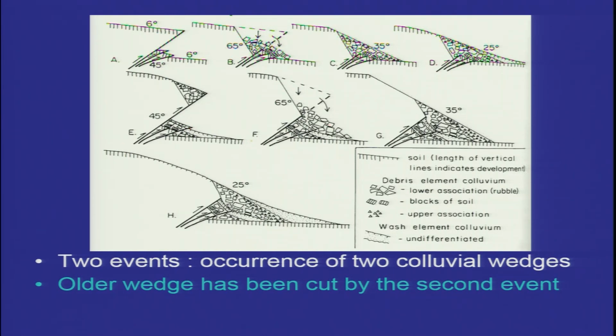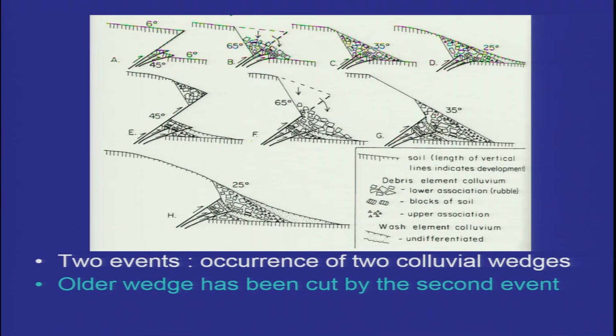And then again there will be a phase of deposition of the colluvial wedge because of the erosion or the collapsing of the steep scarp here. So, this is the second colluvial material which was formed, compared to the first one we were looking at.